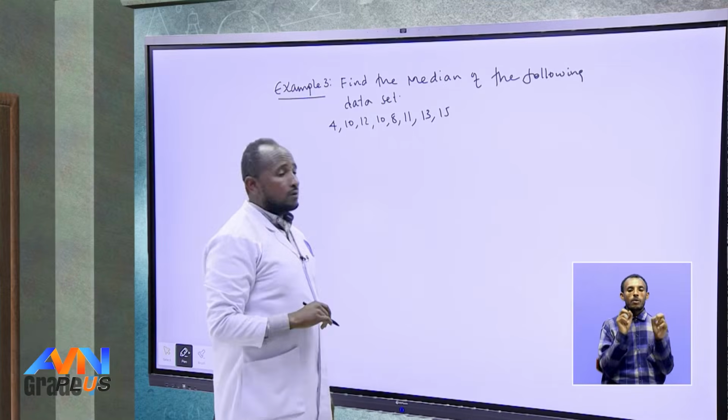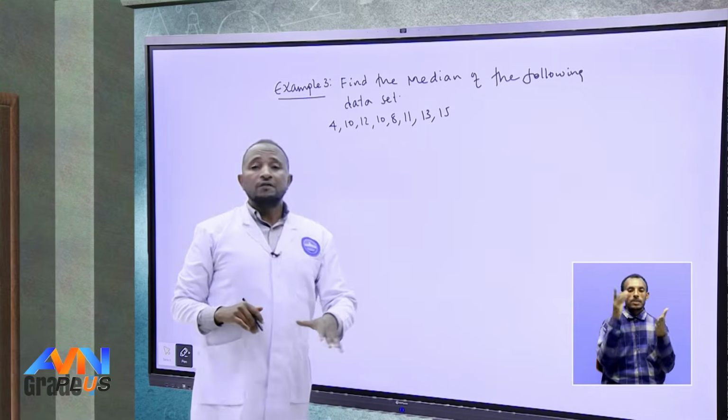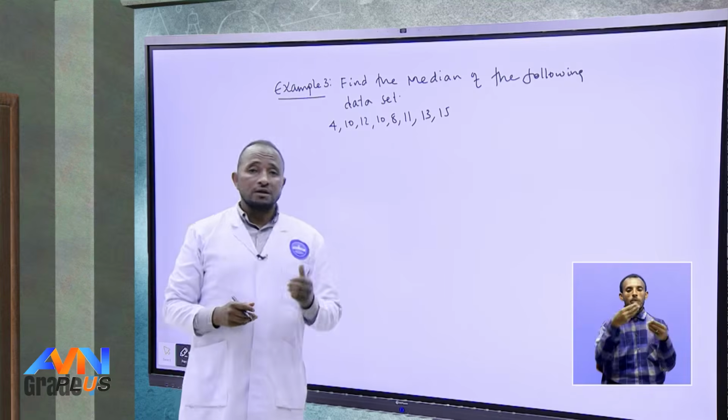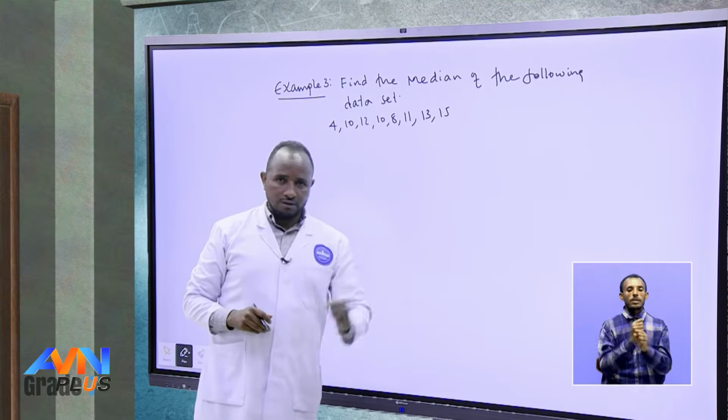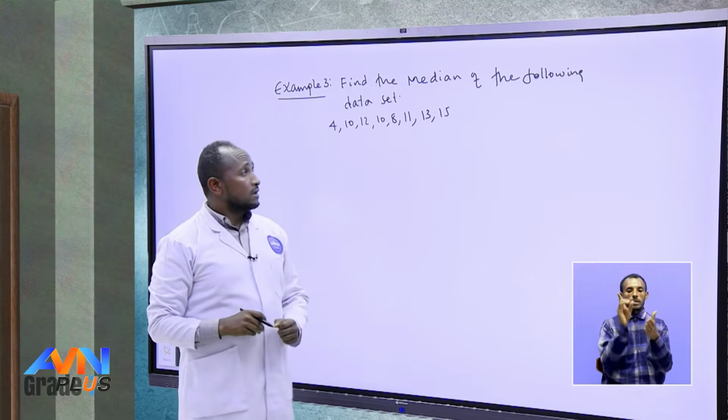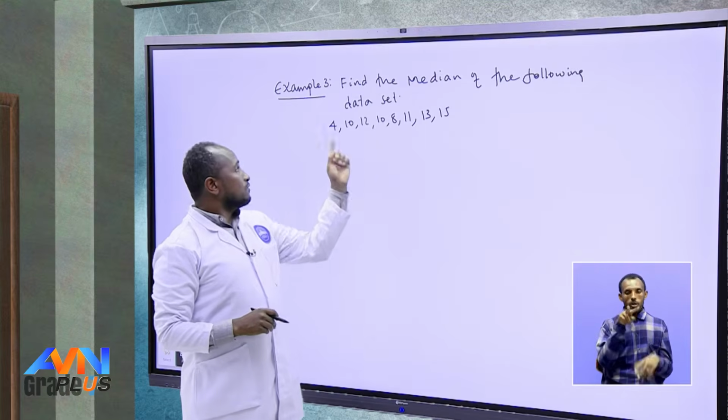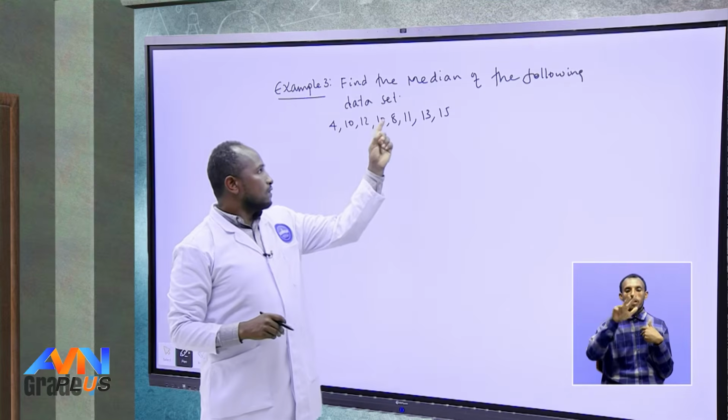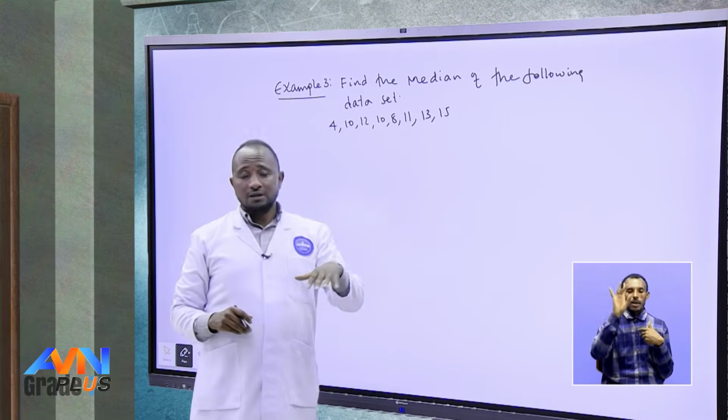Okay, now this data set is given. We are asked to find the median of this data set. Here, look, we have 1, 2, 3, 4, 5, 6, 7, 8 data.